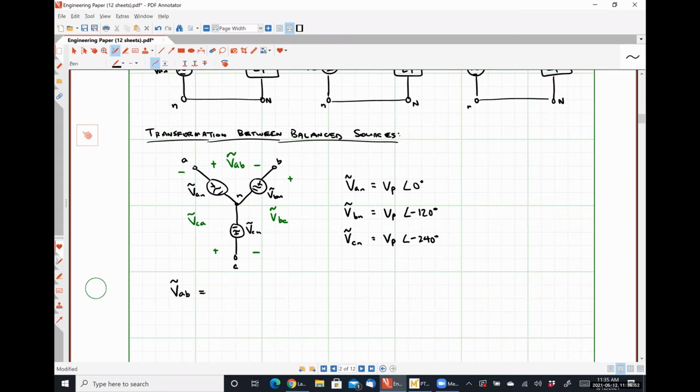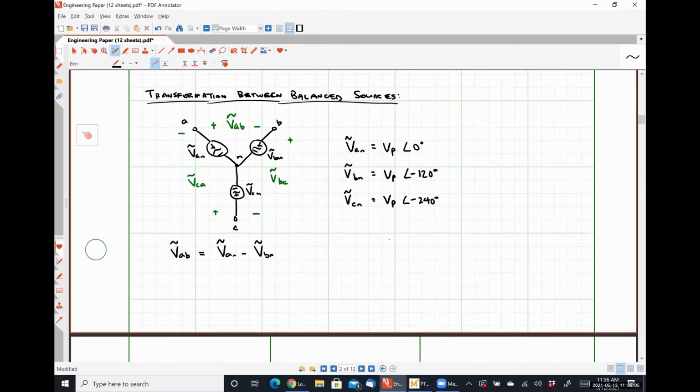So we can say very easily that VAB is VAN minus VBN, which is simply VAN times 1 angle 0 degrees minus 1 angle negative 120 degrees, because I know that VBN is nothing more than VAN lagging by 120 degrees.